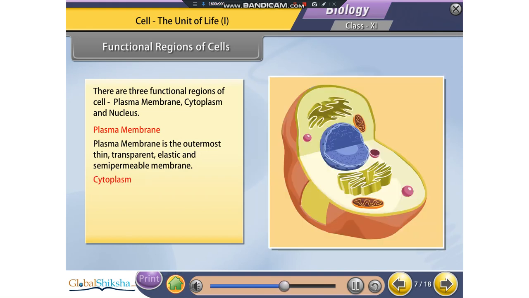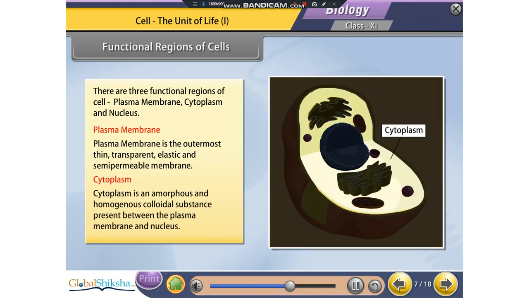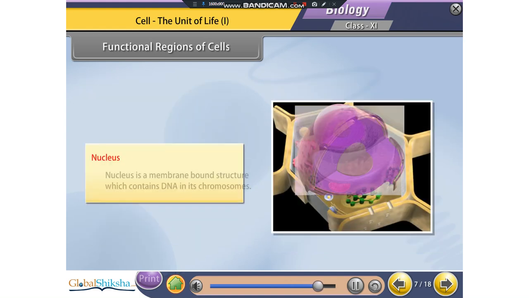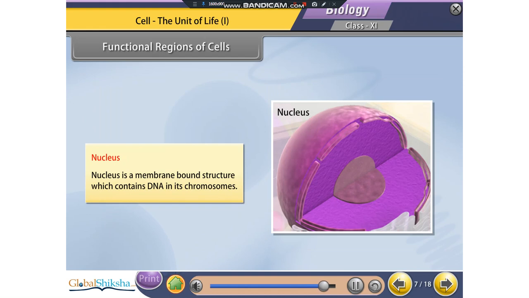Cytoplasm. Cytoplasm is an amorphous and homogeneous colloidal substance present between the plasma membrane and nucleus. Nucleus. The nucleus is a membrane-bound structure which contains DNA in its chromosomes.